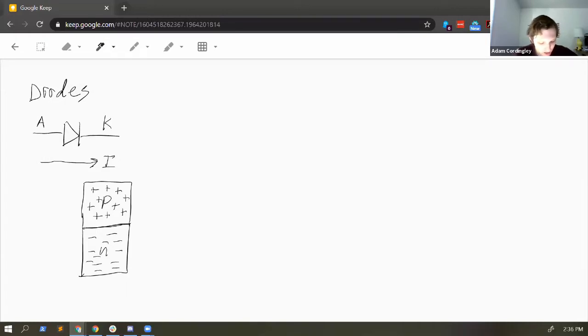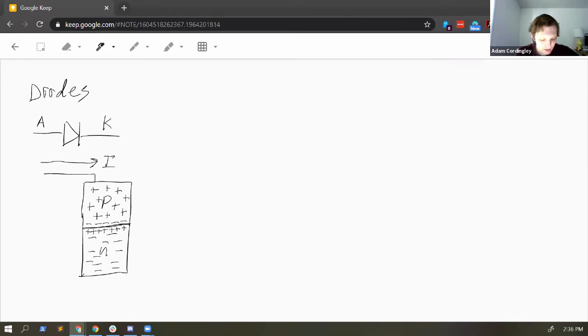Initially there's an attraction between the holes and the electrons, and the electrons and holes right at the PN junction switch places, and this cancels out the electric field that exists between the holes and the electrons. So they reach this equilibrium point.